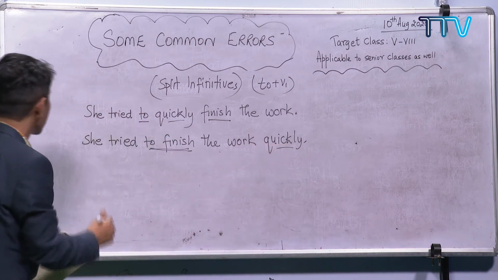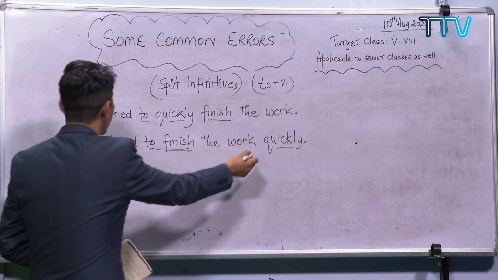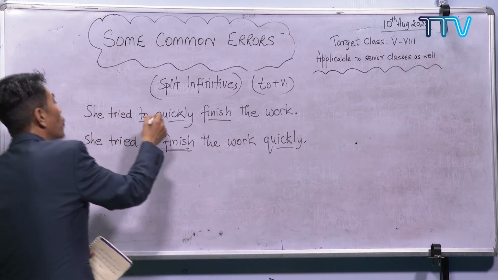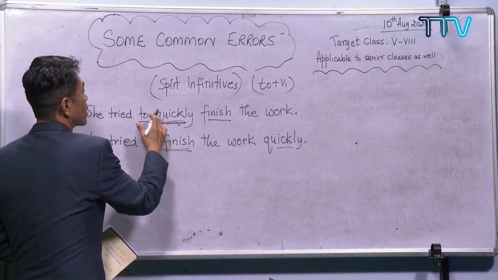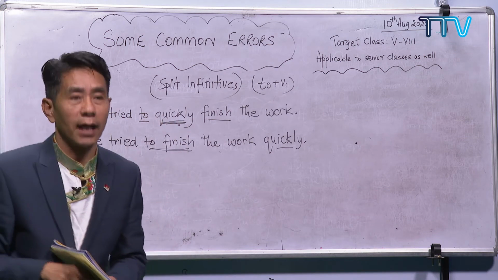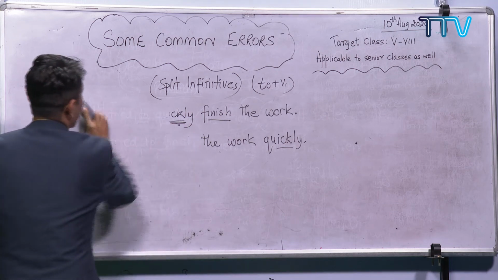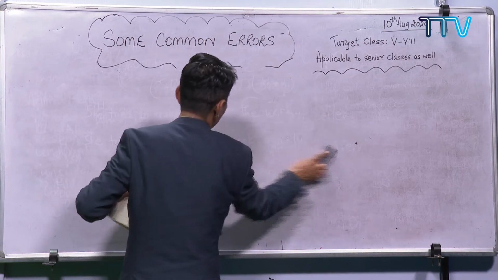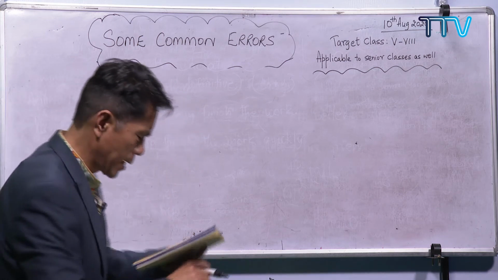So the correct sentence should be like this: she tried to finish the work quickly, and not she tried to quickly finish the work. If you write this, then we are trying to split, separate the infinitive, which is not allowed. Is that clear? I'm sure I'm not going very fast.